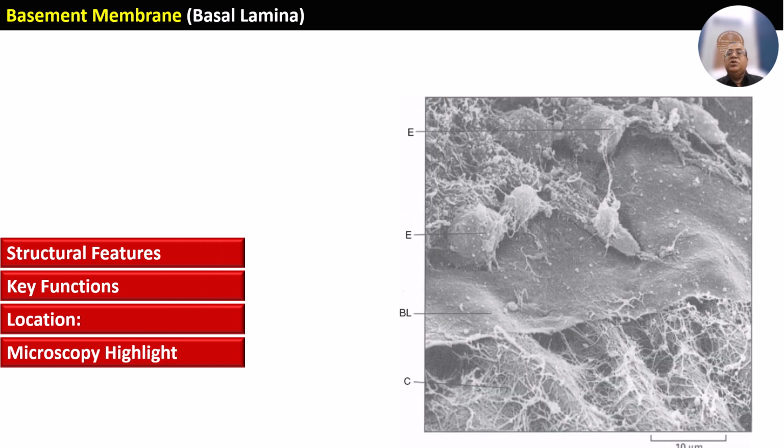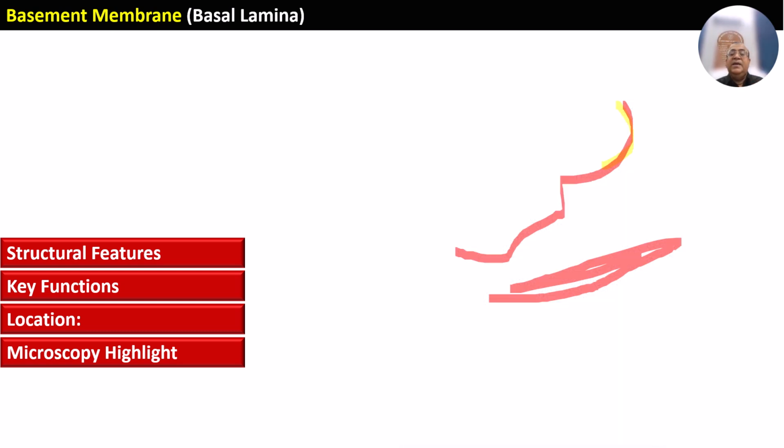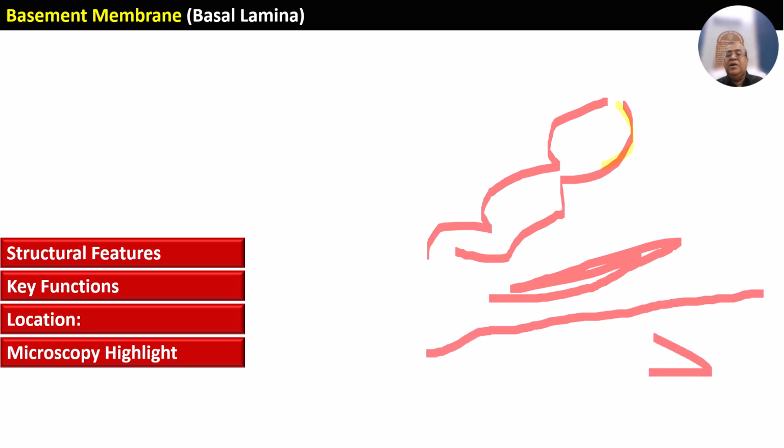This is a scanning electron micrograph of basement membrane. In this picture you can see that these epithelial cells are lying on this basement membrane. This is actually a section from chick embryo corneal epithelial cells, and these epithelial cells are distinguished from the underlying connective tissue.